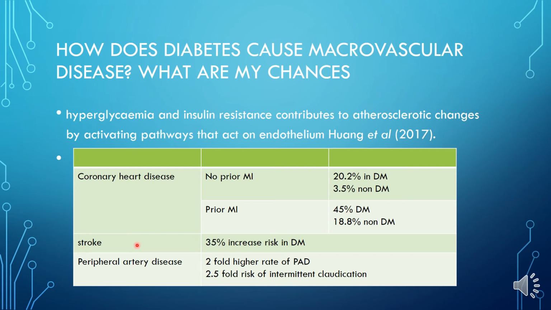For stroke, diabetics have a 35% increased risk of developing stroke compared to non-diabetics. And for peripheral artery disease, diabetics have a twofold higher rate of peripheral artery disease and a 2.5-fold risk of intermittent claudication.